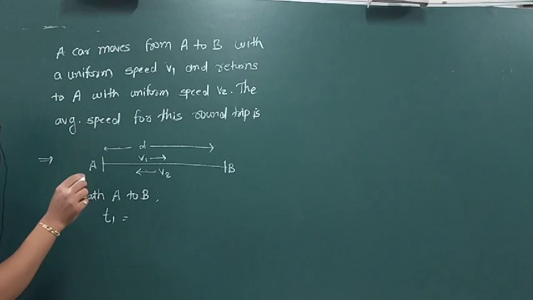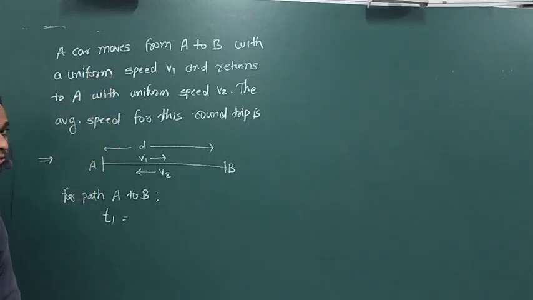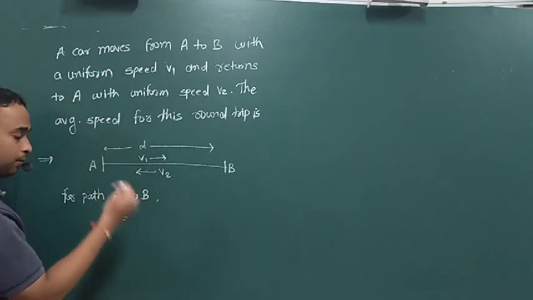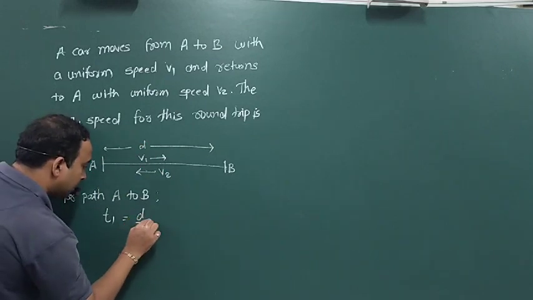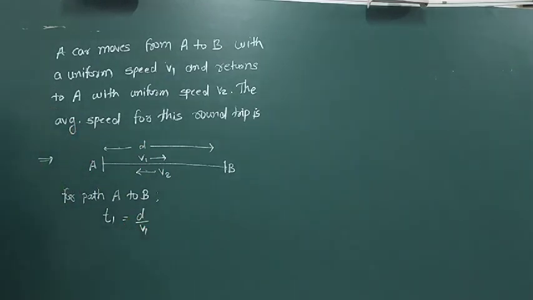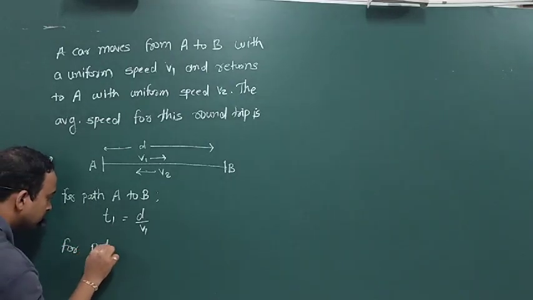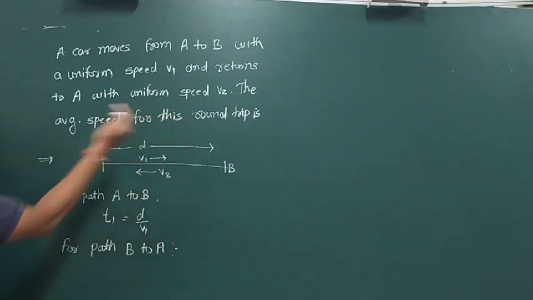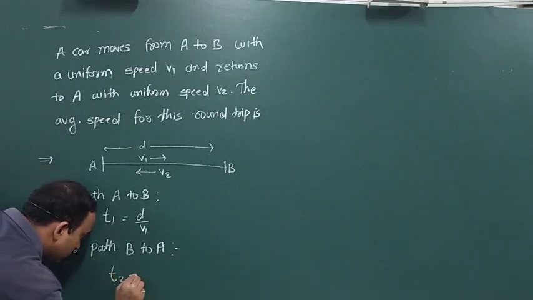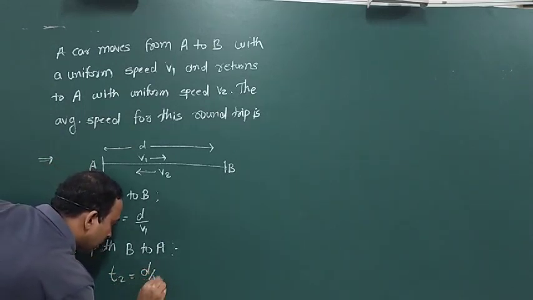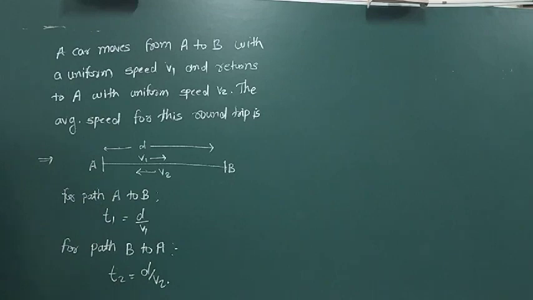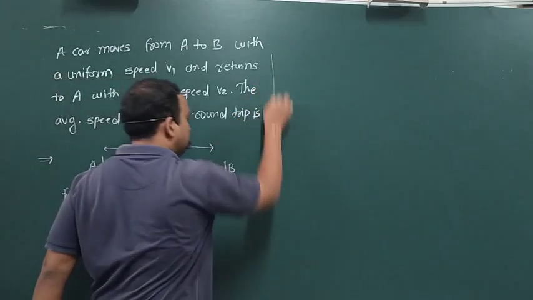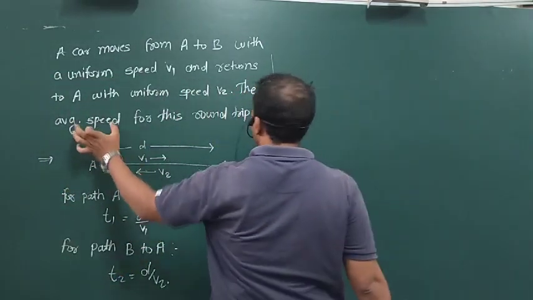So time is equal to distance upon speed, so we get d upon v1. Similarly for path B to A, that means the car returns to A, the time period t2 is equal to d upon v2. Now to find the average speed.